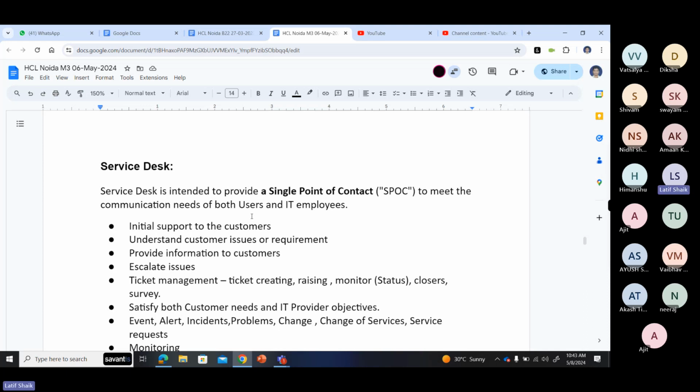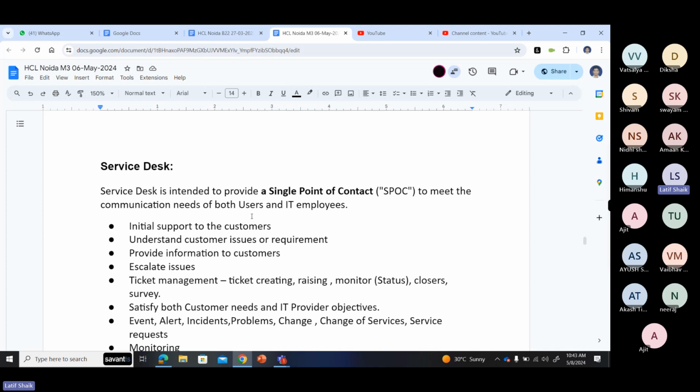What does the service desk do? It supports the customers, understands customer issues or requirements, and provides information to the customers. It handles tickets: creating tickets, raising or escalating tickets, monitoring tickets, closing tickets, and surveys. This also happens from the service desk.